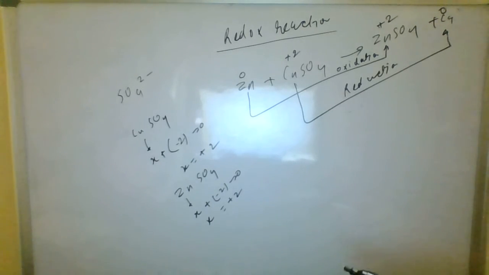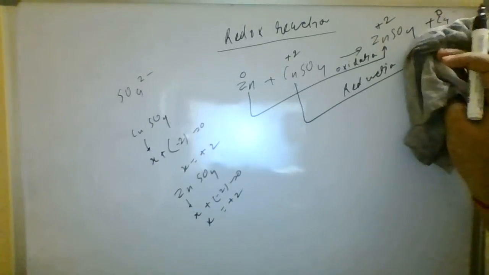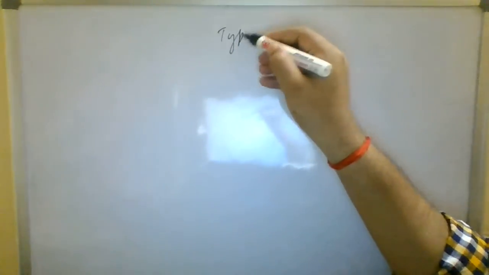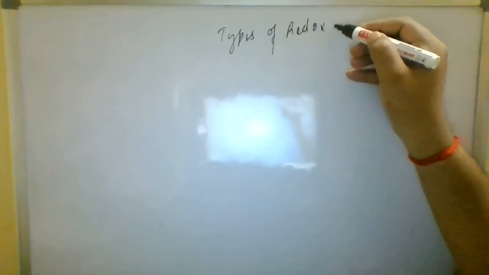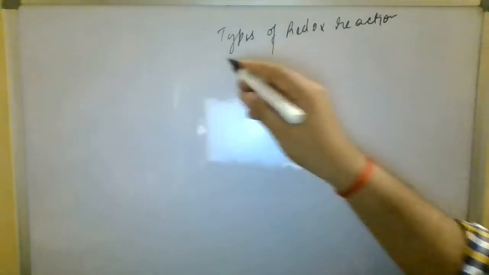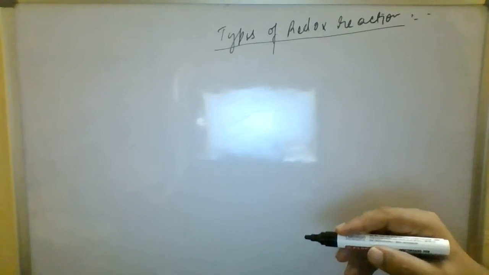So generally 4 or 5 types are there for redox reaction. Let us understand one by one with the help of examples. Here we are going to study the types of redox reaction. There are many types.